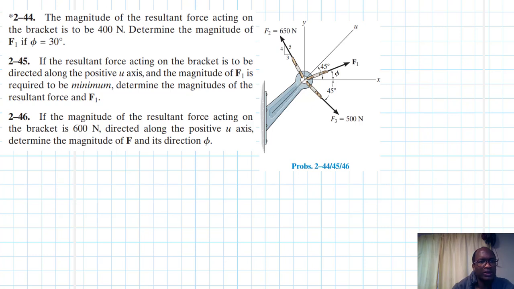So I'll have one axis, and another one perpendicular to u, which I'll call v. Again, this is just one of the methods. You can go with u, x, and y and still arrive at the same answer.